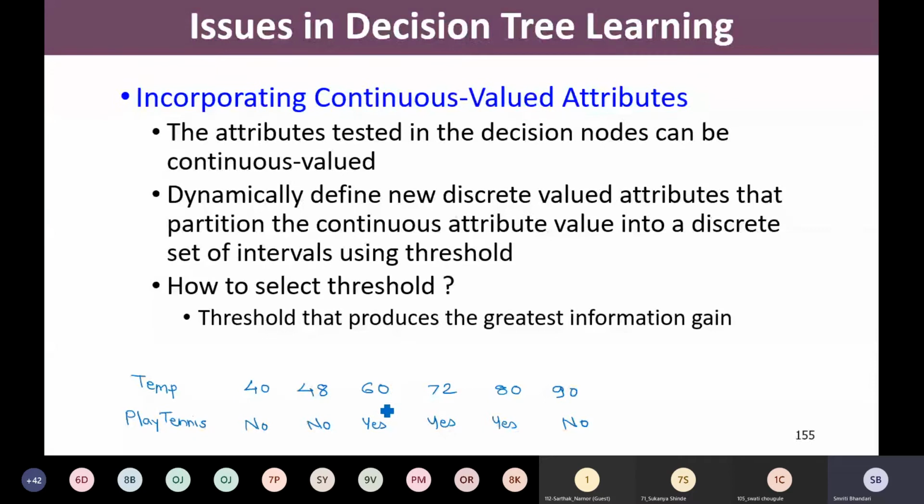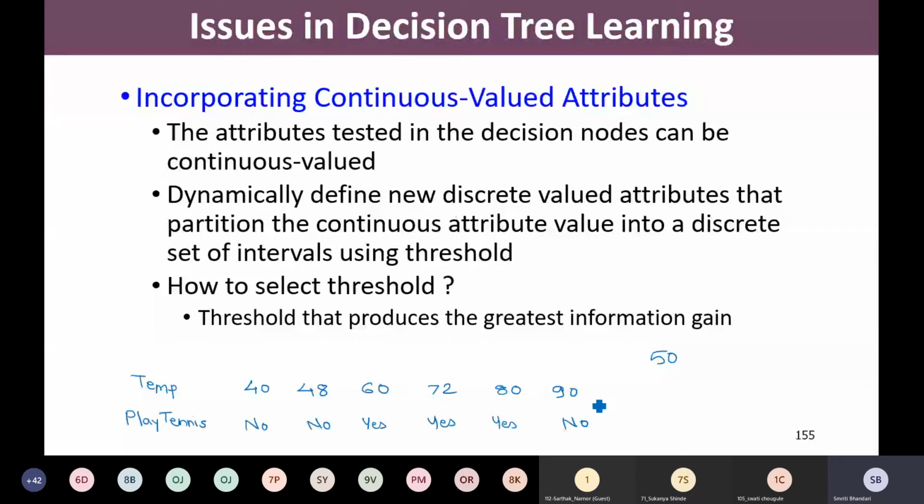Say, for example, if we pick the threshold 50, then we may say that the temperature greater than 50 will be high temperature and the temperature less than 50 would be the low temperature, something like that. So the actual continuous values we are going to convert into the discrete set of intervals using some threshold, right?